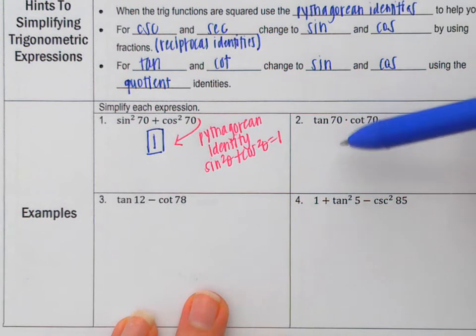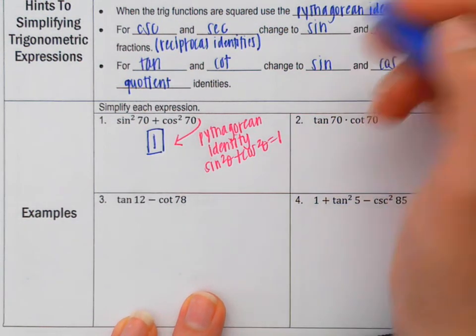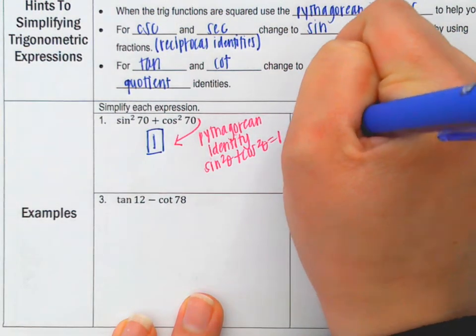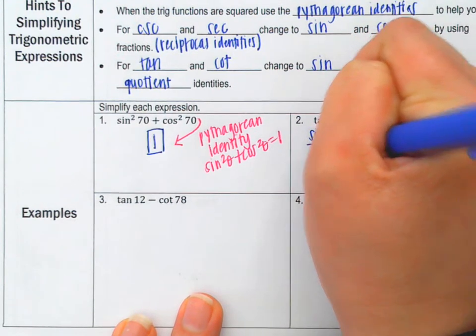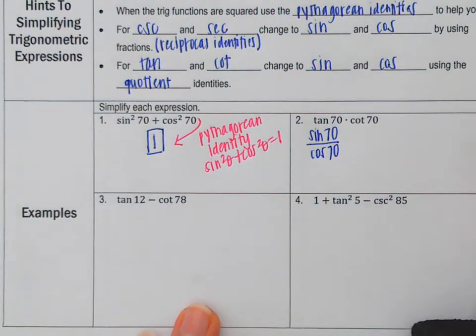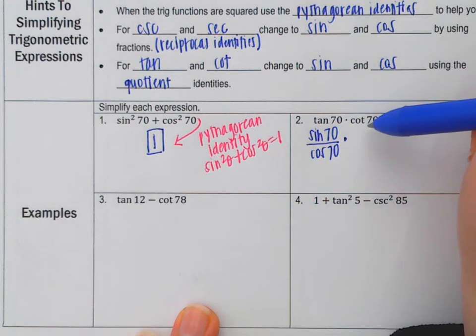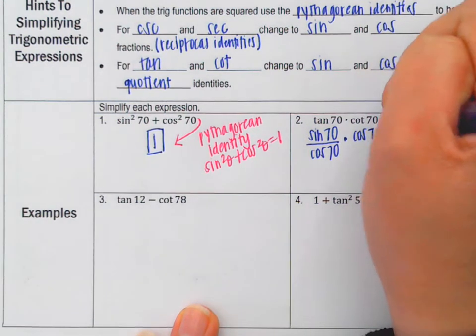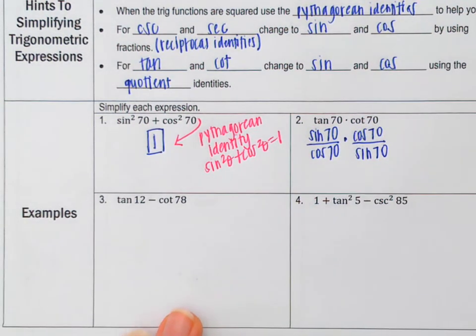So tangent 70, we know tangent is sine over cosine. So we're going to rewrite this in terms of sine and cosine. It's going to be sine 70 over cosine 70. We just keep the angle measure there. And then cotangent, we write in terms of sine and cosine. That's going to be cosine 70 over sine 70.